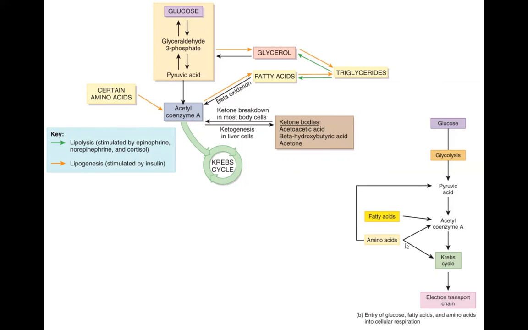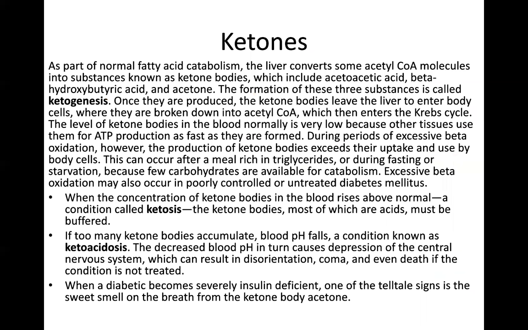Okay. Some amino acids can be converted to pyruvic acid before being converted to acetyl-CoA. Sometimes amino acids can directly go into the Krebs cycle. Sometimes they have to be directly converted to acetyl-CoA. But regardless, once we form that acetyl-CoA, then we can go to the Krebs cycle and get to the electron transport chain, which therefore allows us to produce energy.